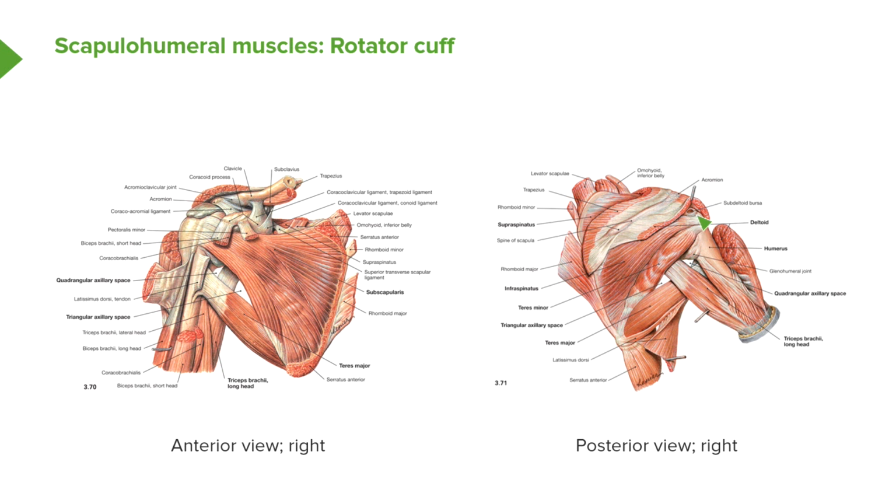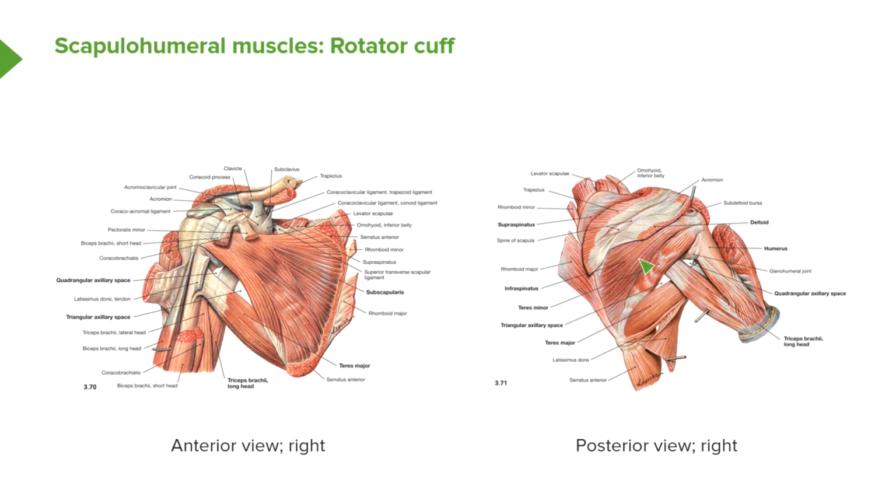Remember the greater tubercle having those three facets: superior, here we can make out the middle, and here we can make out the inferior. Remember, supraspinatus passed to the superior facet, infraspinatus passed to the middle facet, and teres minor passed to the inferior facet. So we can see these on this posterior view.